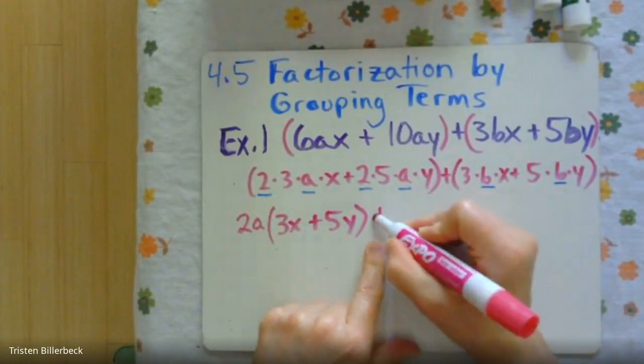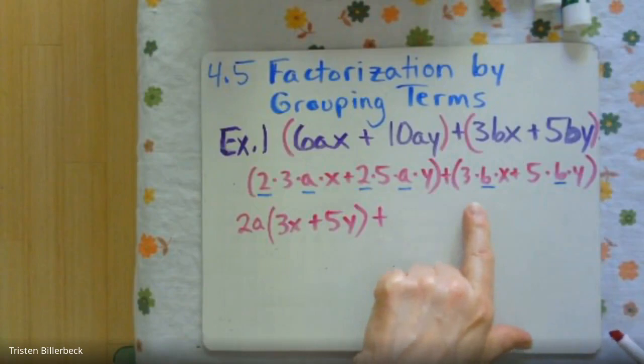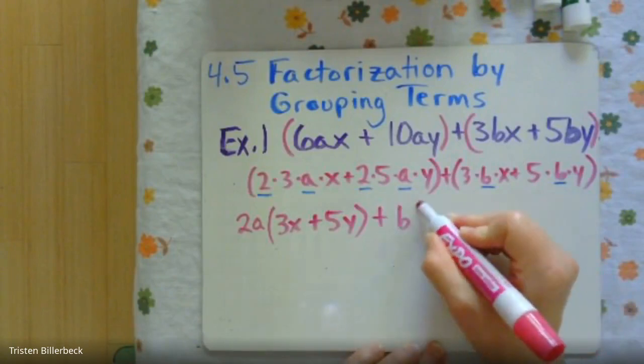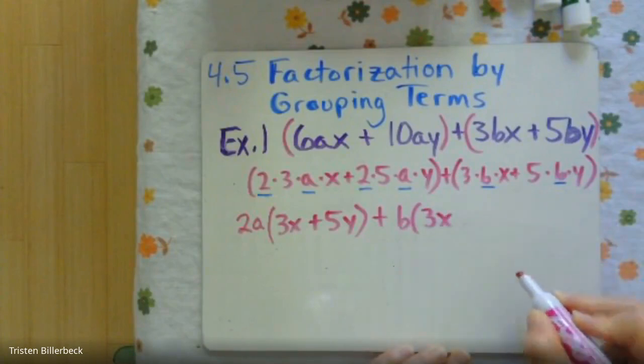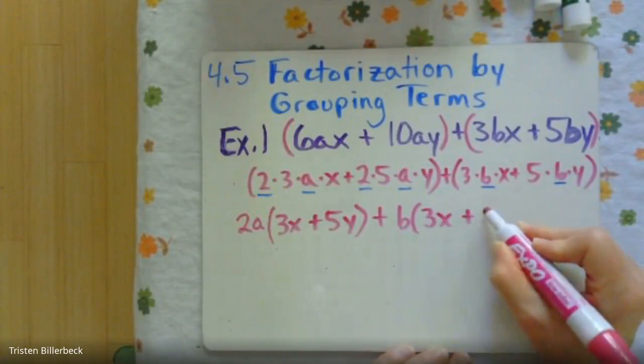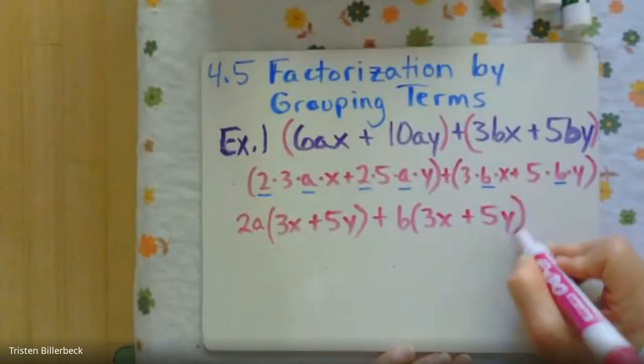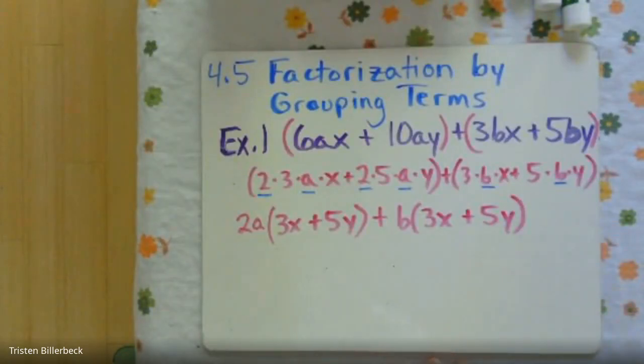Okay, so plus, and then we take the b out of this one, b, and we have 3x plus 5y. That's interesting.